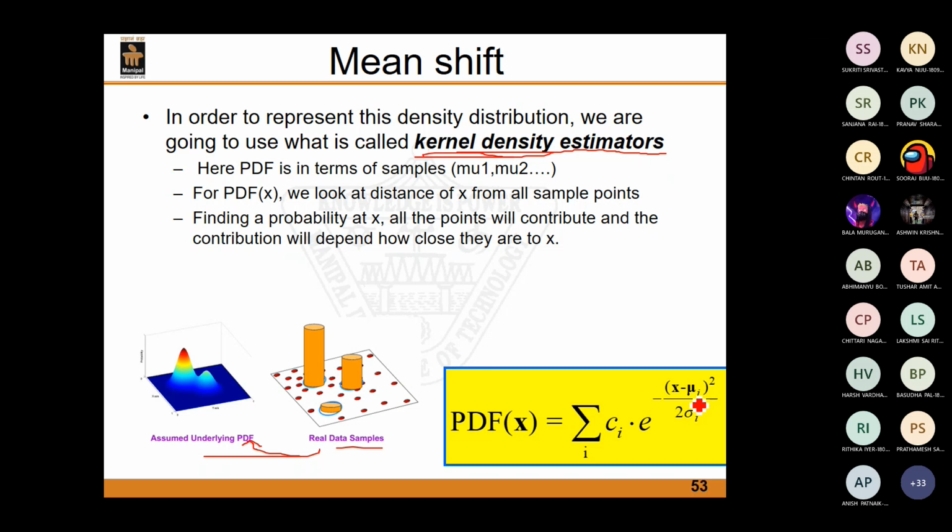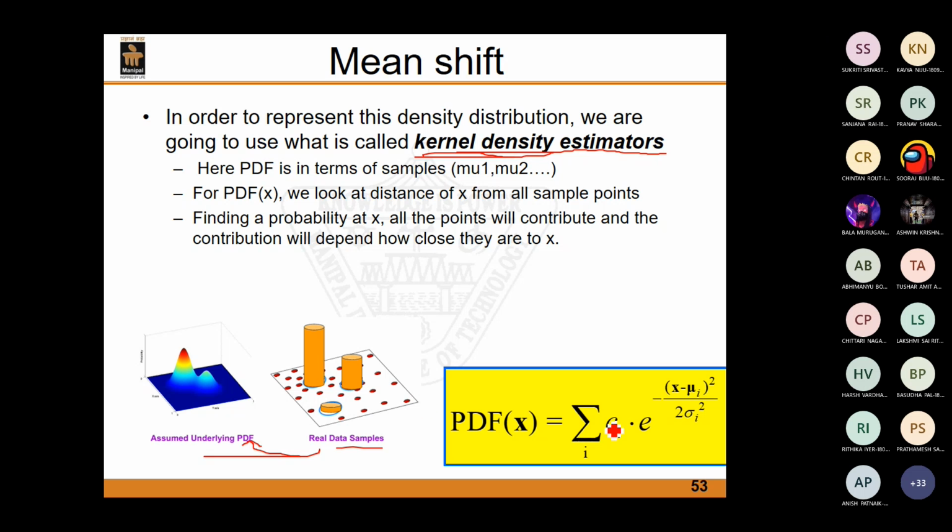The main idea here is that the higher the number of data points that you have, as shown over here, the higher will be the probability, and the fewer the data points, the lower the probability. So it is kind of a weighted thing that's happening.